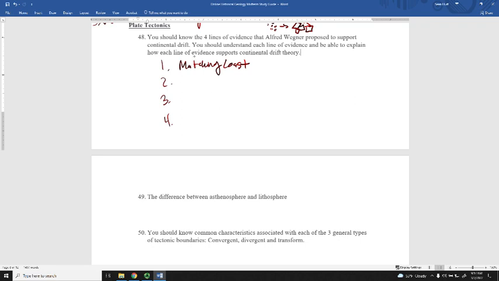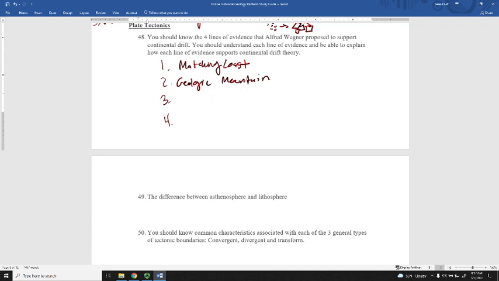Okay, so matching coastlines. That just means that the coastlines of the different continents can fit together almost like a puzzle. There's also geologic evidence and mountain belts. What this means is that mountain belts and also specific geologic rock units match together if you put all the continents back together the way that they seem to fit.